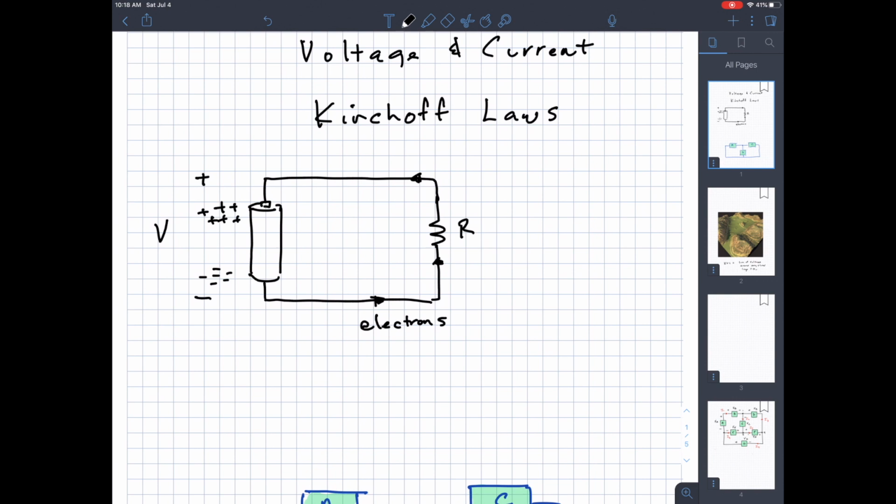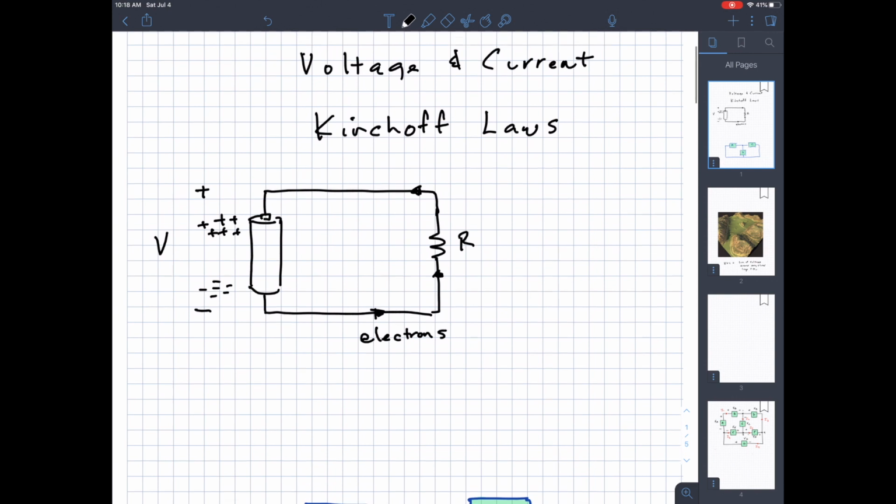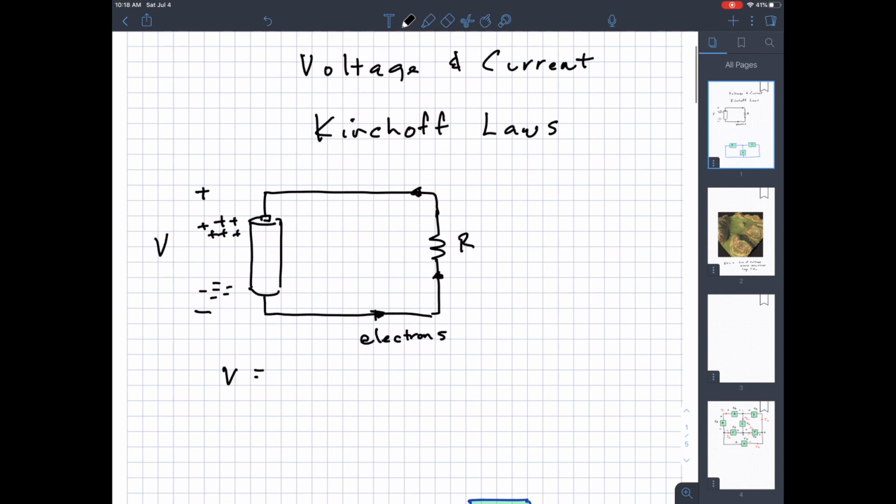So here is V. The idea here is that V is a measure of the energy required, or the work required, to separate charge.